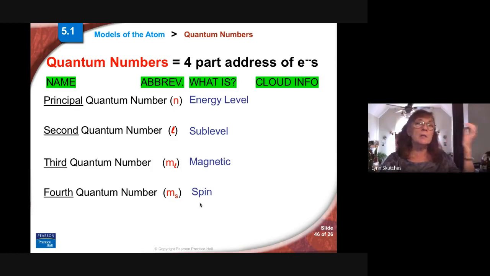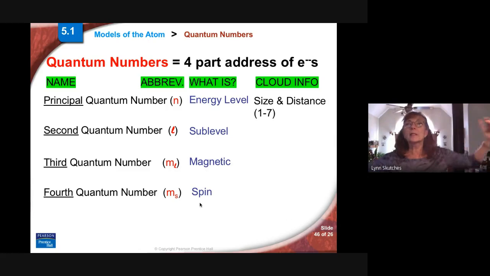So what does that tell us about our electron cloud? Because that's where the electrons live. That principal quantum number is the energy level. That tells you how big the cloud is. 1 is the smallest, 7 is the biggest. The size of the cloud is determined by how much energy the electron has.